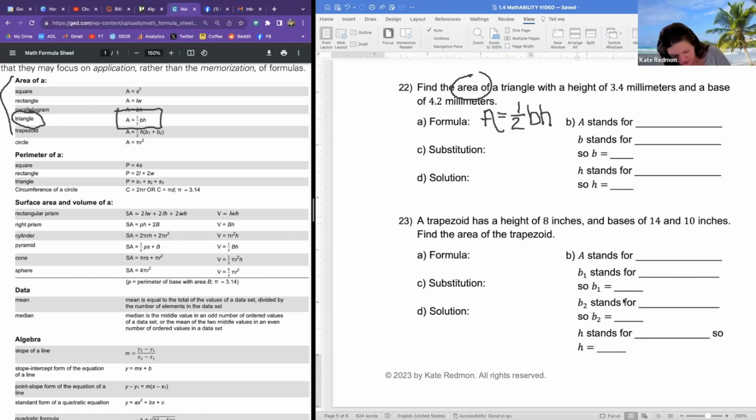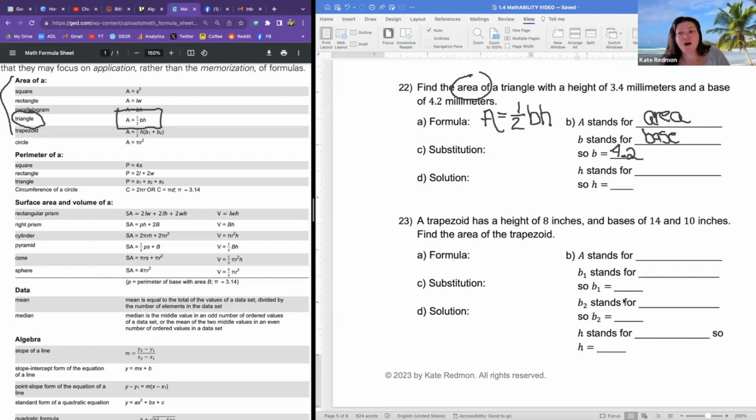B stands for, well, we got some hints in the problem, right? We have a height of 3.4 millimeters and a base of 4.2 millimeters. B stands for base. So our base is told to us in the problem, right? They say the base is 4.2. So our B is equal to 4.2.